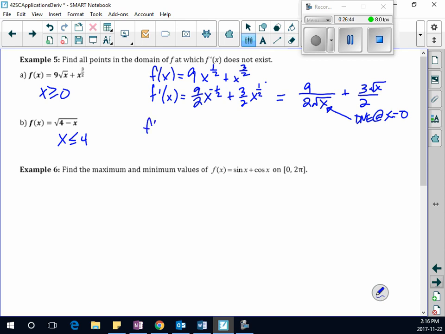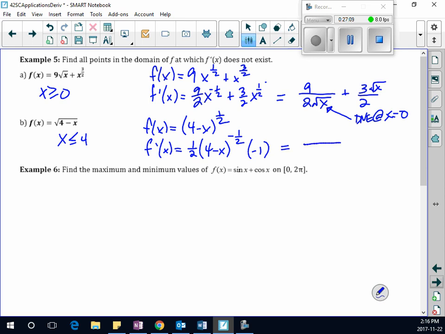So f of x equals 4 minus x to the power of a half. So f prime of x would be, how about 1/2, 4 minus x to the power of negative a half times negative 1. Yes. Okay, so let's simplify this.